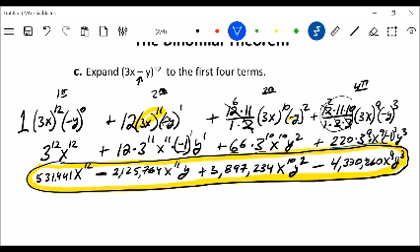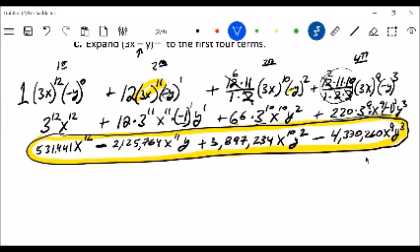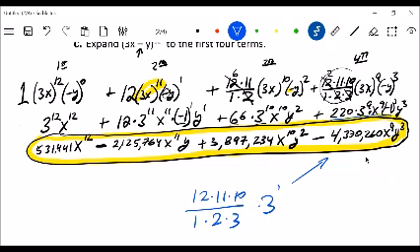So let's go over this set again. Here, the way I got the numbers for this one was 12 times 11 times 10 over 1 times 2 times 3. And then there was a 3 to the 9th power and the x to the 9th power, but I'll hold off again for a moment on that.